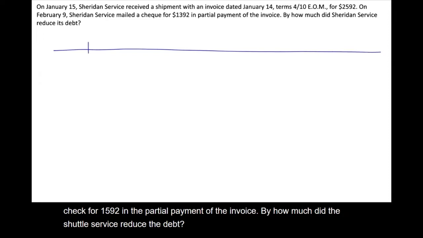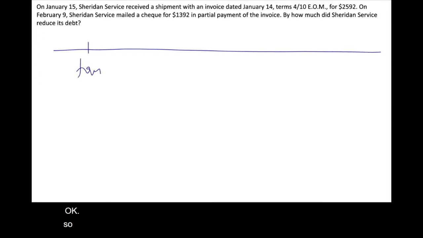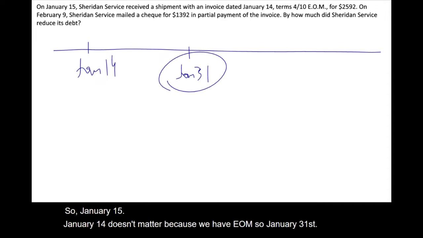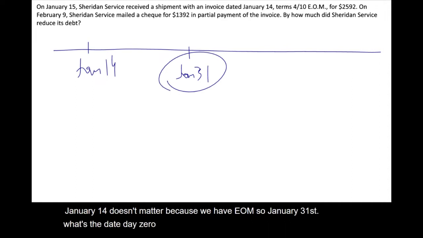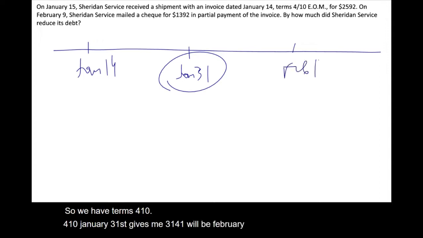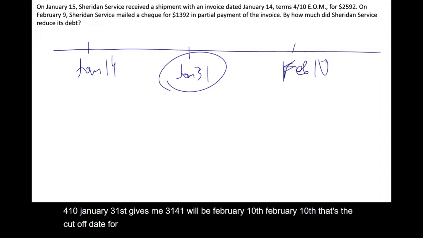Okay, so January 15, January 14 doesn't matter because we have EOM, so January 31st, that's day 0, right? So we have terms 4/10, January 31st gives me day 0, 10 days will be February 10, that's the cutoff day for discount, right?